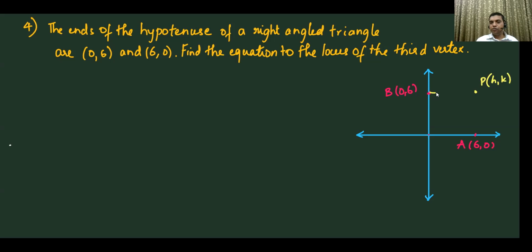Now this is the third vertex of the triangle formed by PAB, and AB is the hypotenuse. If this is the hypotenuse, the opposite angle has to be 90 degrees. So we have to use the Pythagorean theorem, or the Pythagoras theorem.